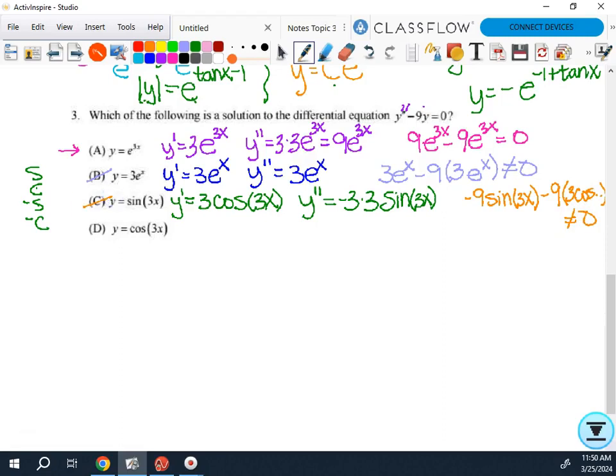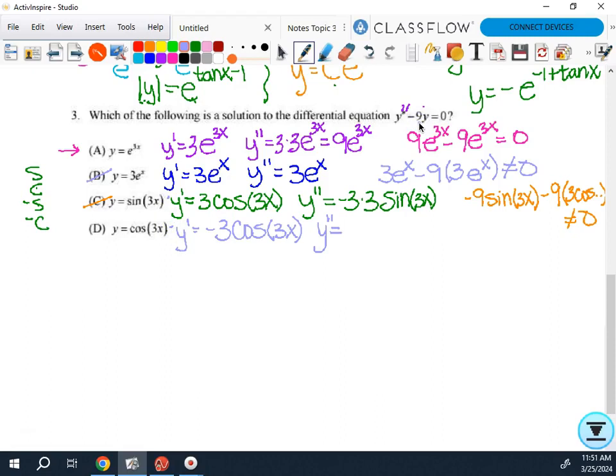Okay, so then we're going to do cosine. So y prime would be, the derivative of cosine is negative sine, negative 3 cosine of 3x. Okay. And then y double prime. Now this is where sometimes these will be your answer choices, like if you don't have that extra 9 in there, because the signs flip back and forth, and that's what makes them work and not work.